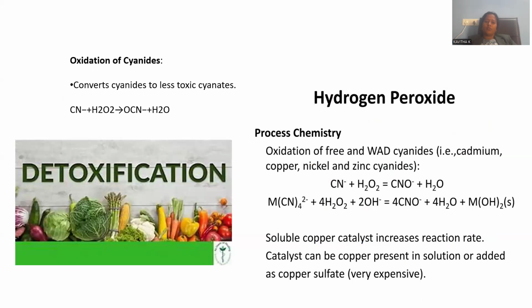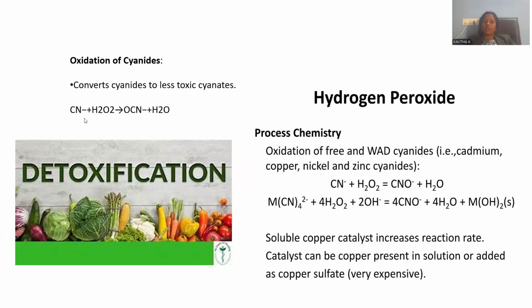So many examples are given for your better understanding. And this is the most important application regarding hydrogen peroxide: detoxification, we can say. Wherever cyanides are present, cyanides are highly harmful, highly toxic. Nobody is able to consume or even work or handle these cyanides in direct form, so there should be a detoxification.